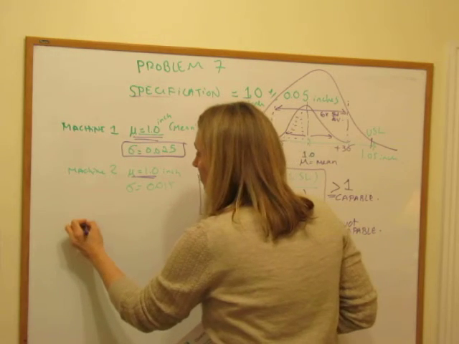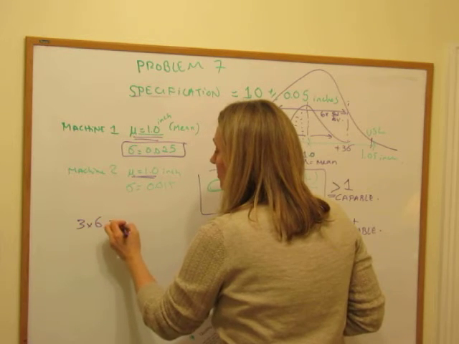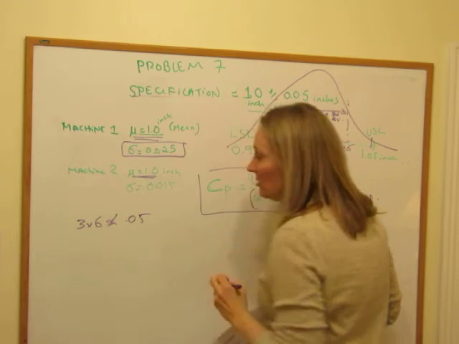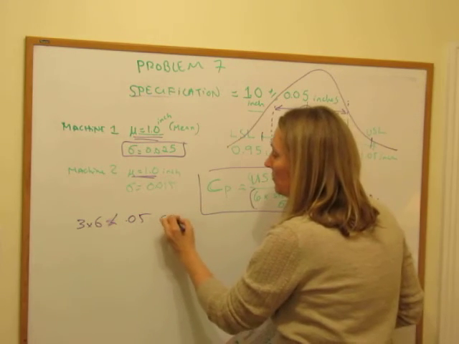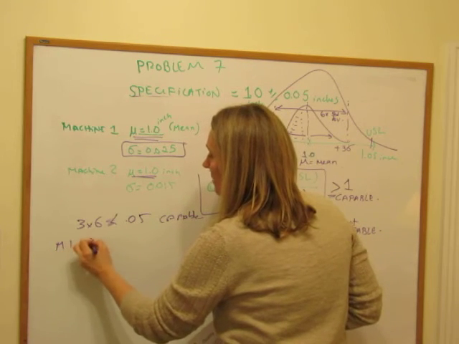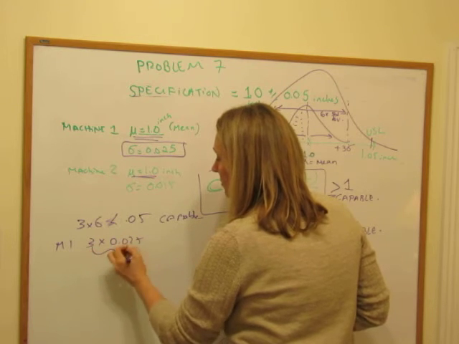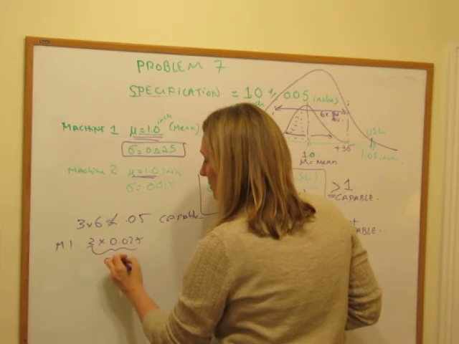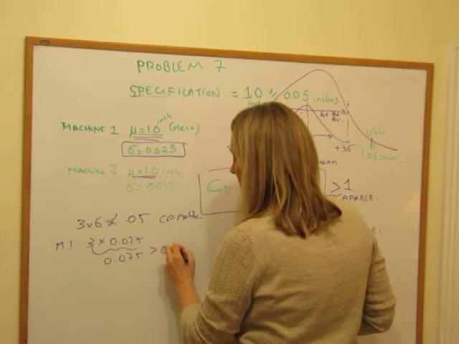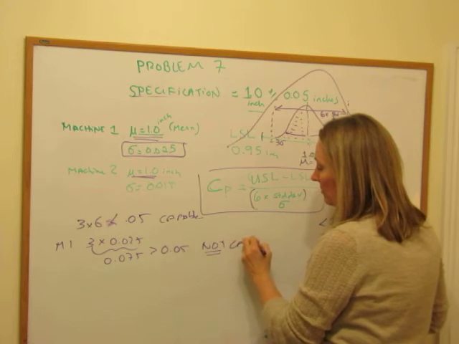So 3 times the sigma should be less than 0.05 inches in order to be capable. So for machine 1, that is 3 times 0.025, which is equal to 0.075, which is greater than 0.05. So machine 1 is not capable.